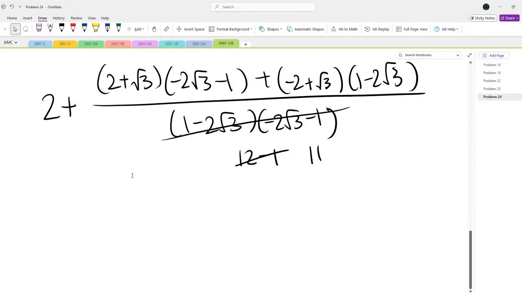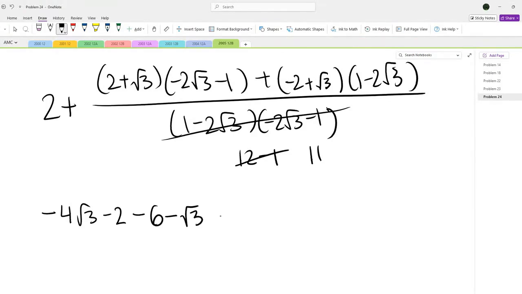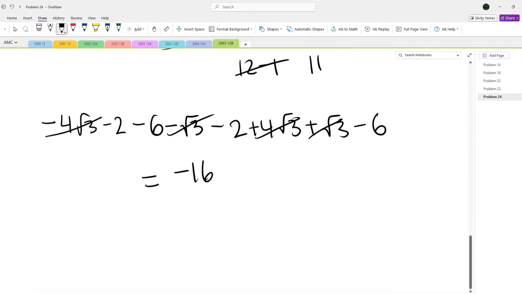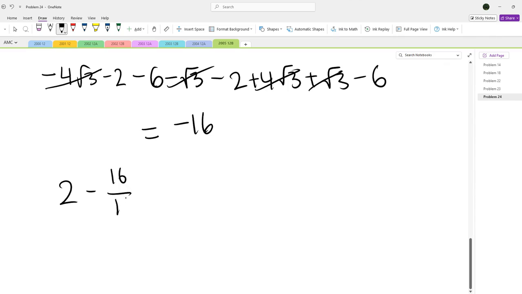And let's take care of the numerator by itself. Negative 16. So we have 2 minus 16 over 11, which is equal to 22 minus 16 over 11, which is 6 over 11.